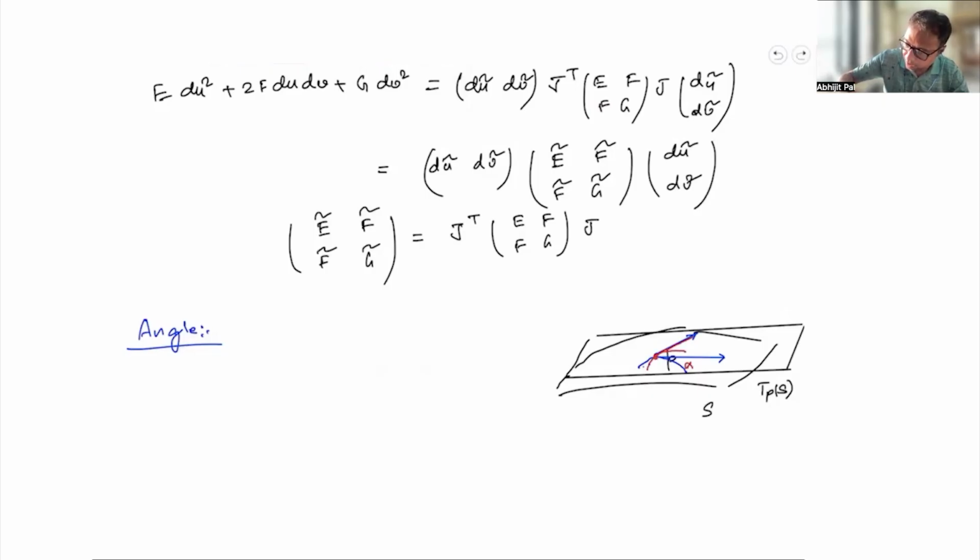Suppose this is my alpha 1, and this blue curve is alpha 2. So alpha 1 of 0 is equal to P, and alpha 2 of 0 is also equal to P. Okay. So how do you define the angle between these two tangent vectors?